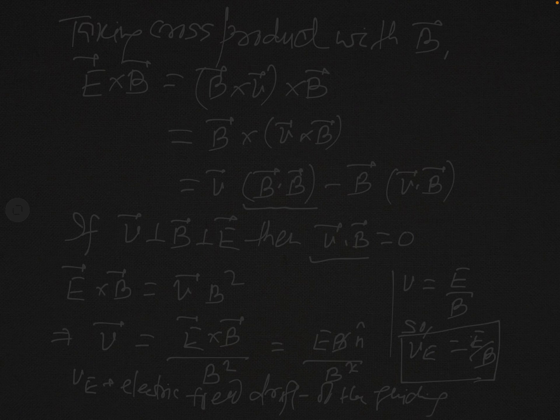This is the drift velocity of the guiding center due to the presence of the electric field, and so it is called electric field drift. So this is all about this lecture. We will see some new situation in another lecture.